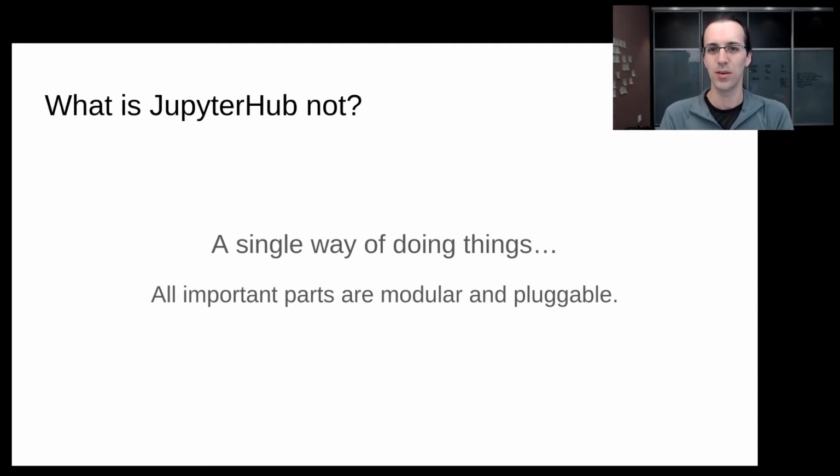Then there are the spawners, which are basically the resource managers. These can interface to Docker, batch systems, remote systems via SSH, local systems via sudo or systemd, and so on. And it's not that hard to make these for yourself. So basically, once you have the JupyterHub, there's almost anything you can do with it. There are many different ways it can work under the hood.